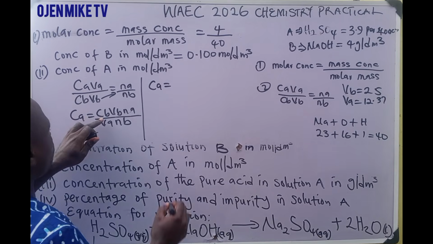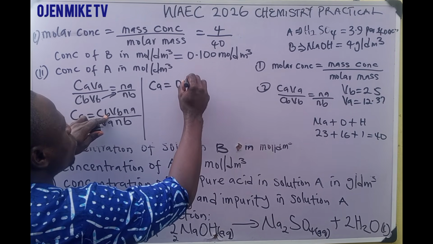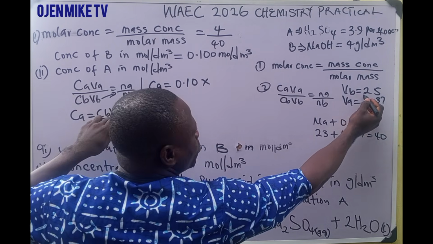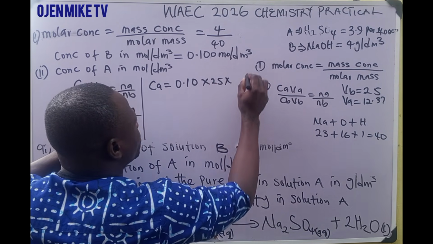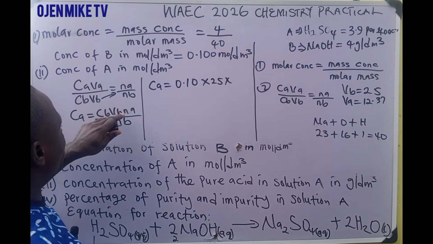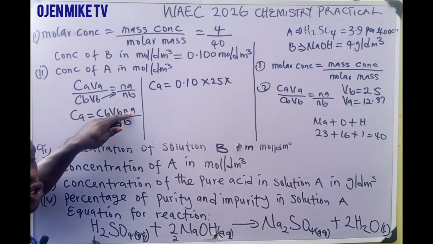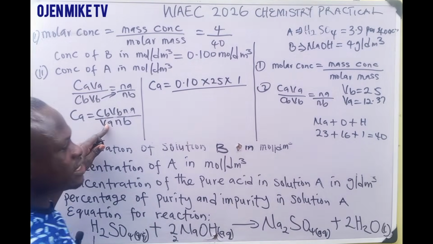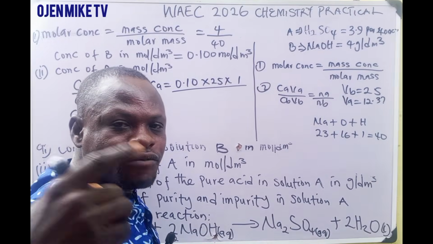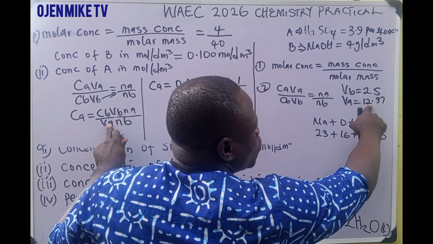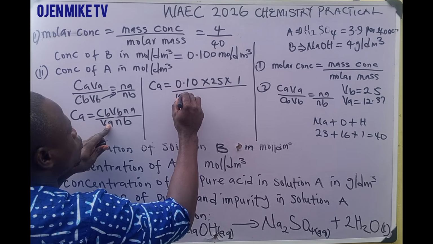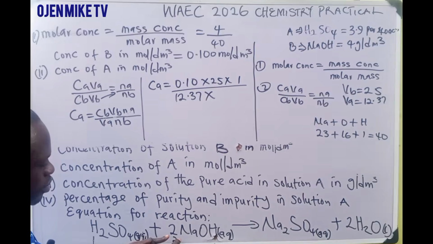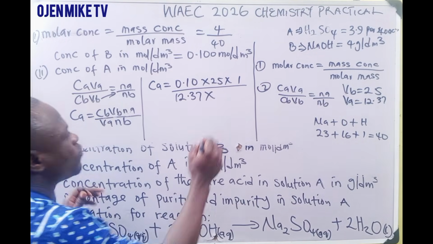So going to that, CA is equal to the concentration of base, 0.10, multiplied by the volume of base, 25, multiplied by the mole ratio of acid, which is 1, divided by the volume of acid, the average volume of acid in our table, 12.37, multiplied by the mole ratio of base, sodium hydroxide, which is 2.